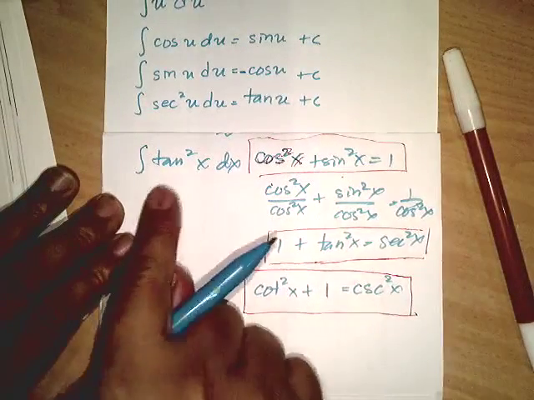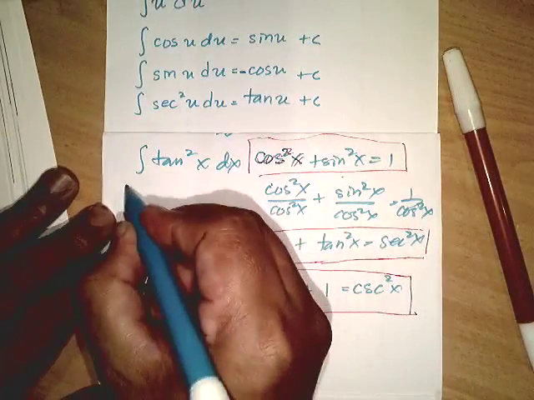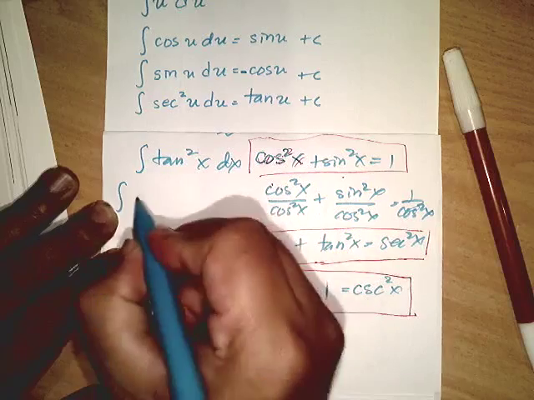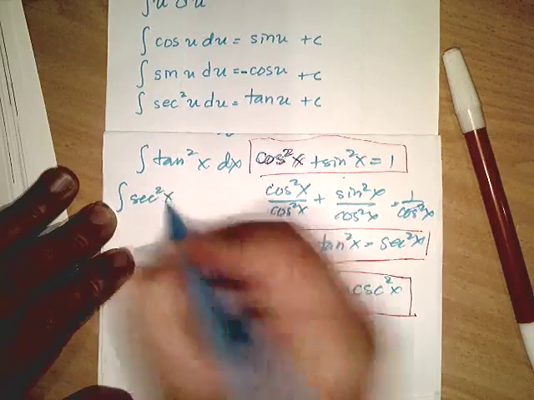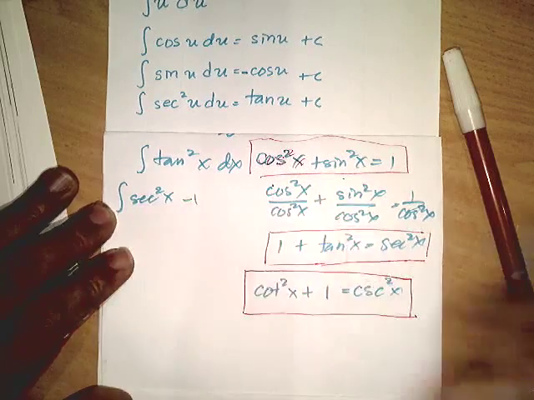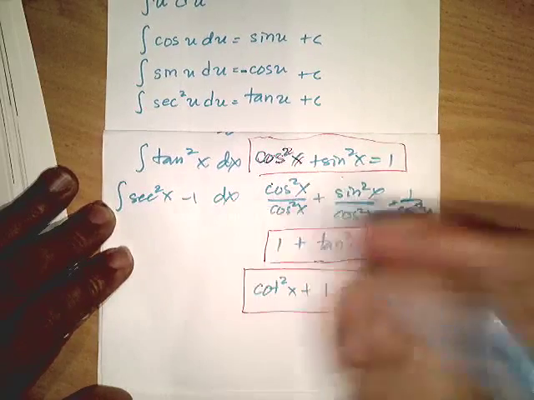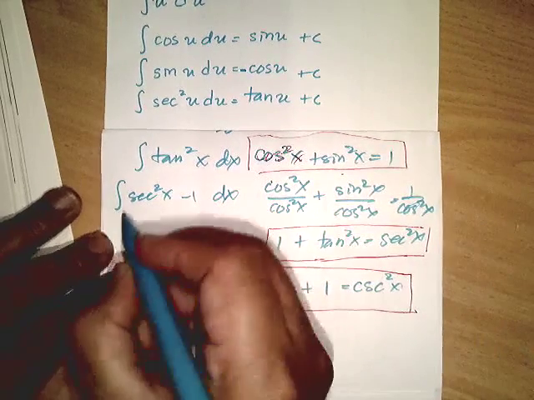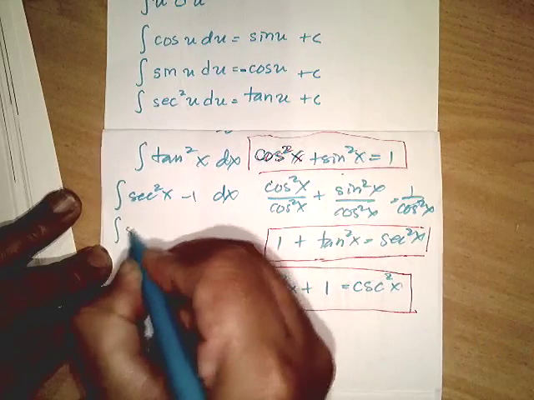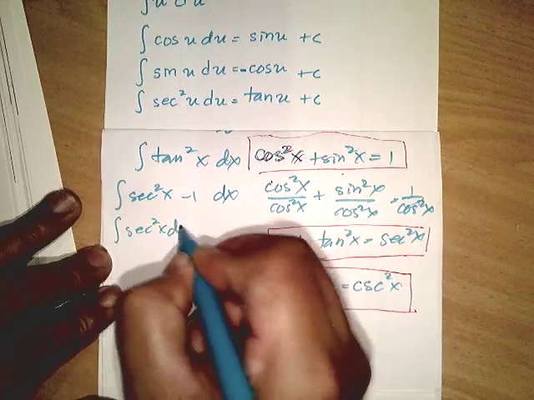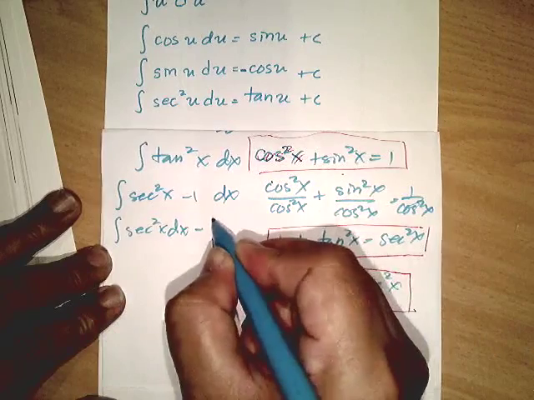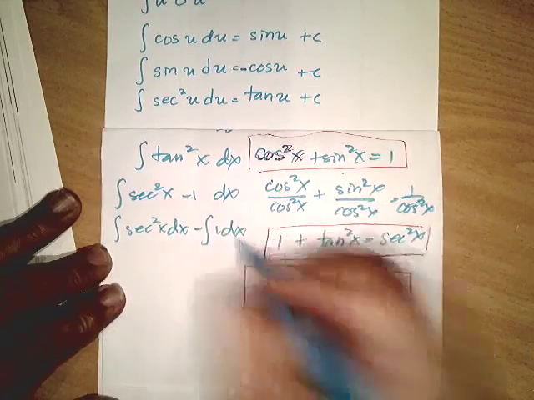Let us use this formula here. Tangent squared x is equal to secant squared x minus 1. Then take the integral with respect to x. That is equal to the integral of secant squared x dx minus the integral of 1 dx.